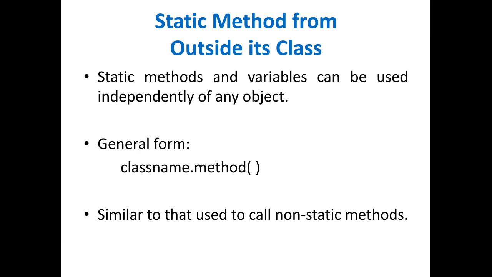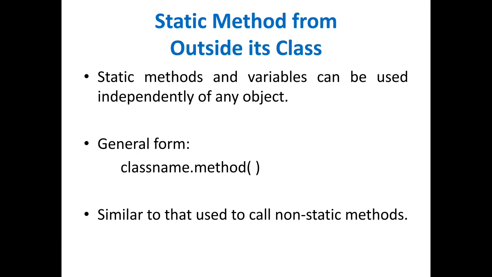Next we have static method from outside this class. Outside of the class in which they are defined, static methods and variables can be used independently of any object. Specify the name of their class followed by the dot operator. For example, to call a static method from outside its class, use the general form class name dot method.